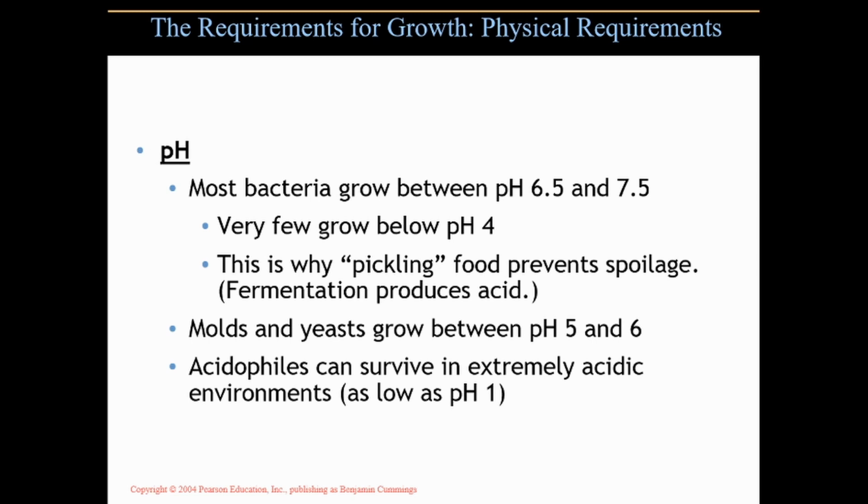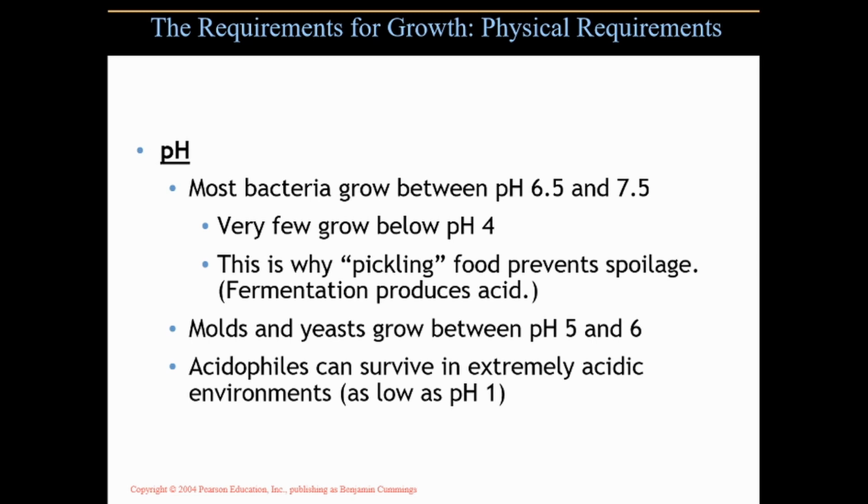So normal spoilage bacteria cannot tolerate those lower pH ranges where they are normally surviving in the neutral pH range. And so they get into that environment, they die, and then they can't produce toxins. We don't get any kind of food poisoning or illness from those foods that have been pickled.